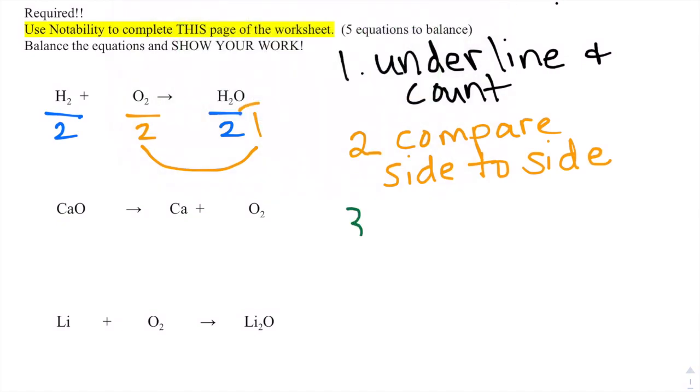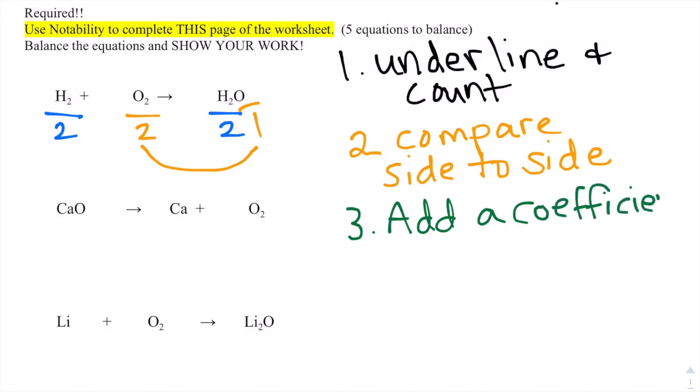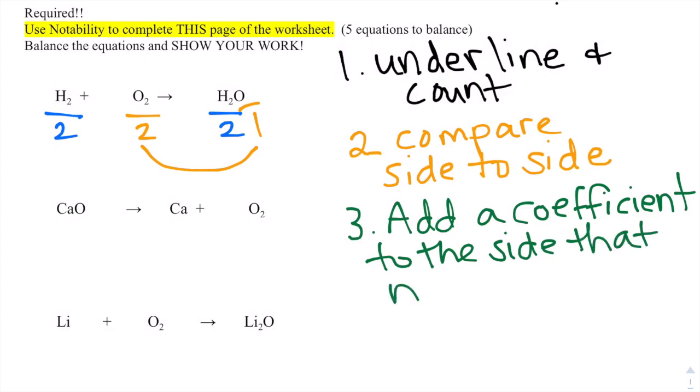is to add a coefficient to the side that needs more. Okay, so the side that needs more is on the right side of the arrow, the products.